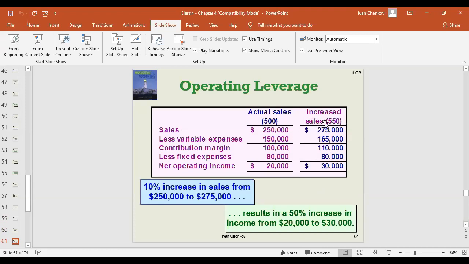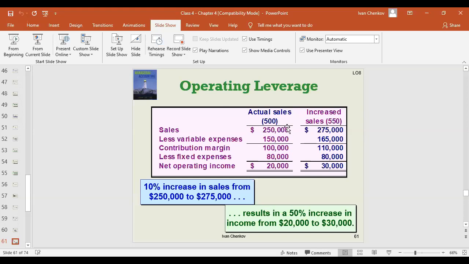How much is this as an increase in percentage? Did we increase our sales by 10%? We increased sales by 10%.